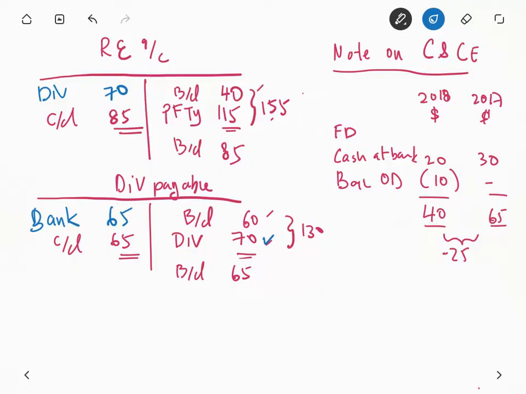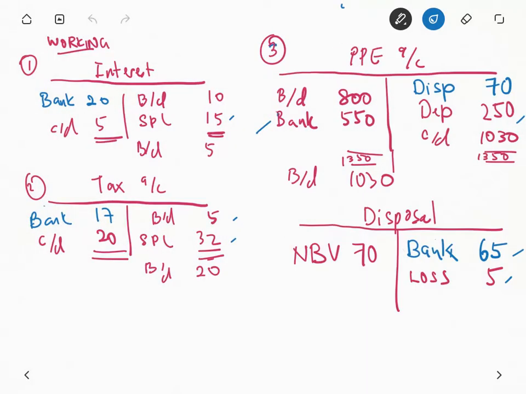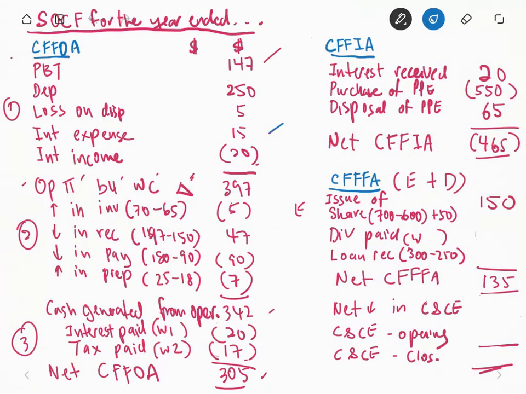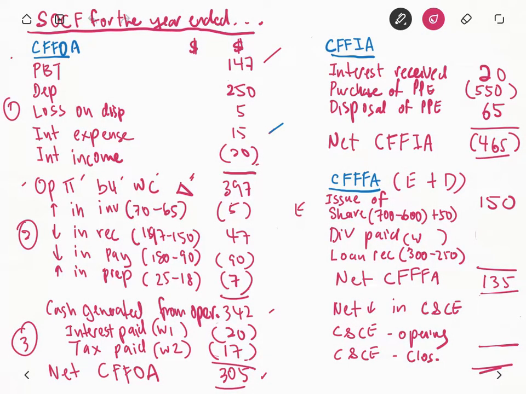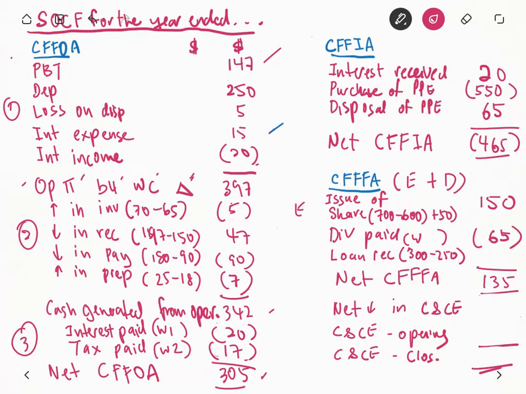Okay? Who we pay to? We pay to our shareholder. Shareholder is our financier. So we put it under financing activity 65. Dividend paid 65, bracket. Financing from equity done. We can also look at financing.